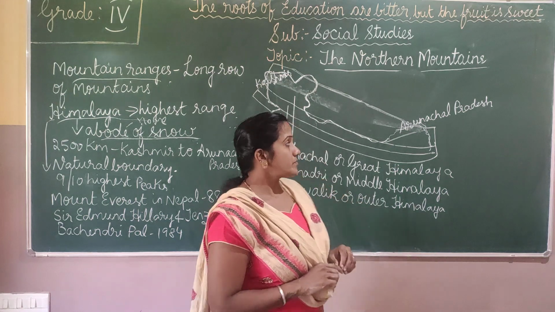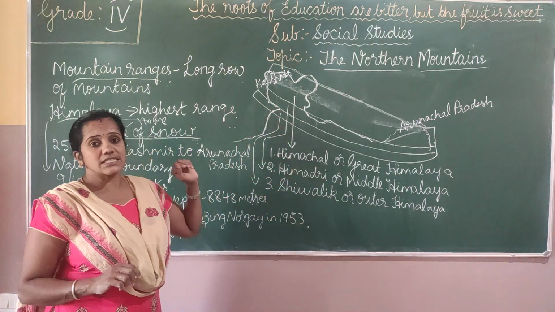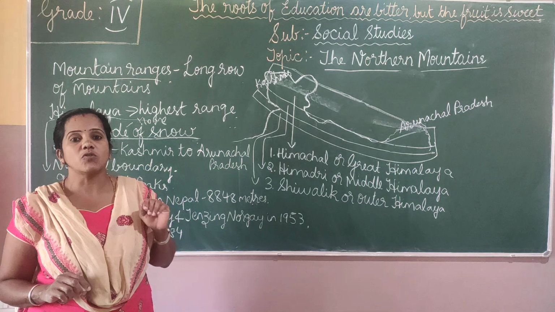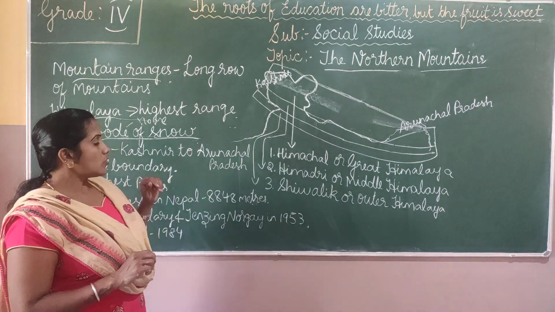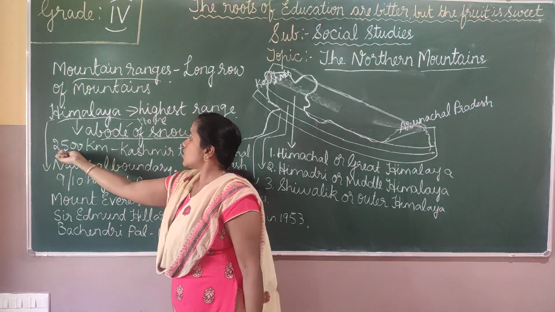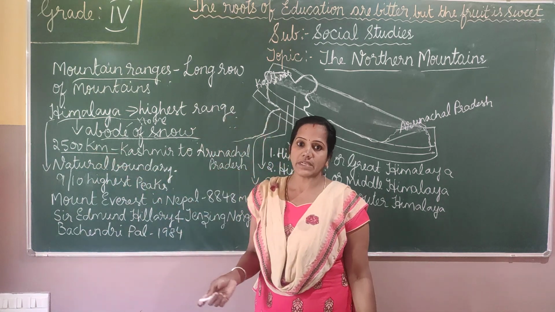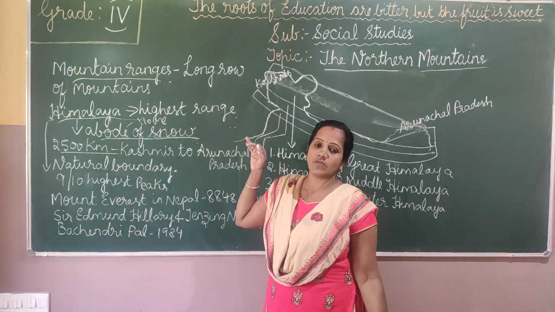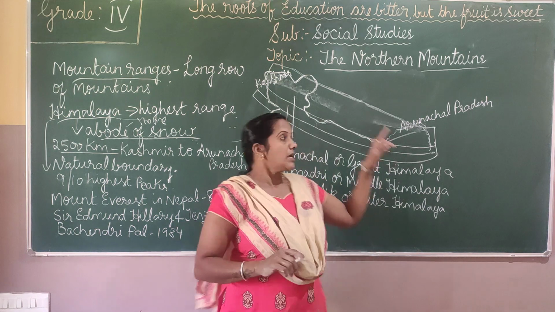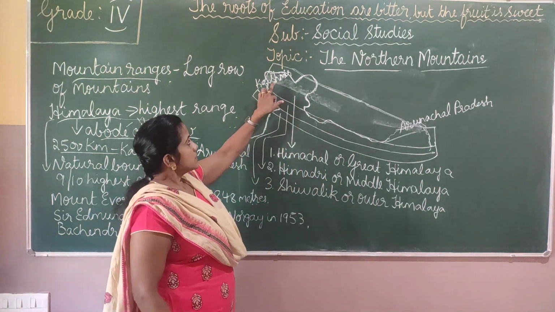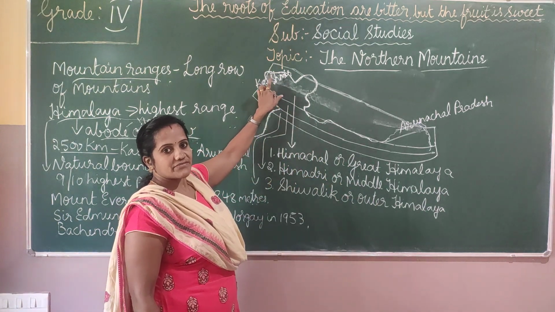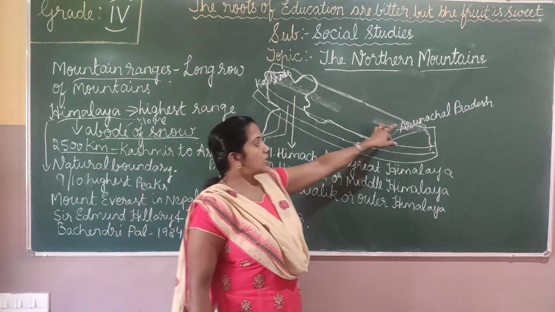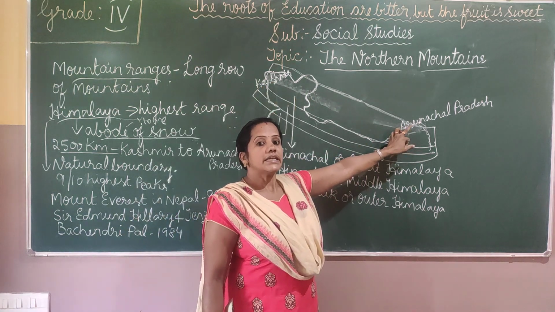Okay, and now it extends. Okay, this long row of mountains extends about for 2,500 kilometers. Okay, these long row of mountains extends from north in Kashmir, from Kashmir to Arunachal Pradesh in east.